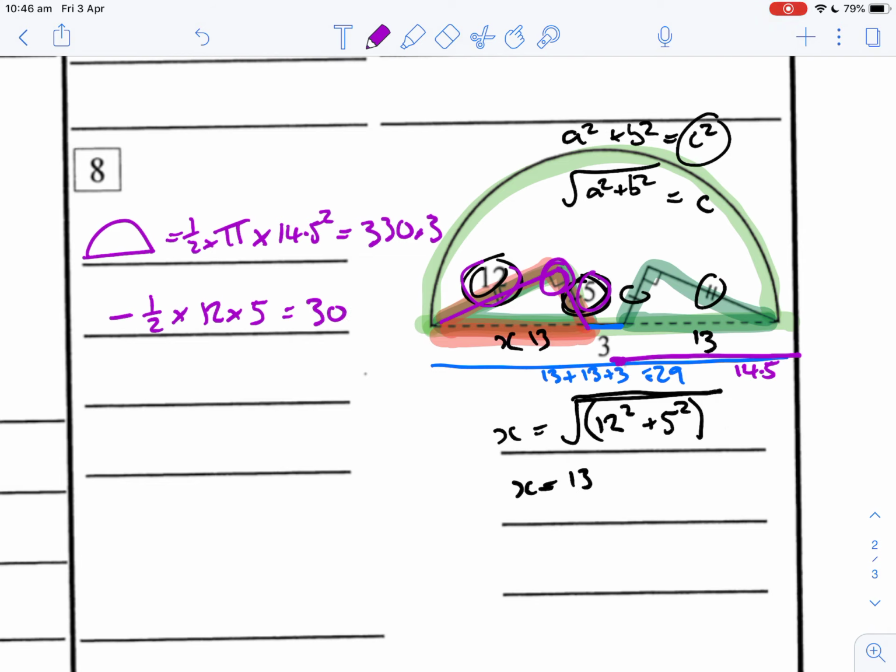They're 30 each. Now I've got 2 of those. So my final area would have been 330.3, take away 1 triangle, take away my second triangle, and there we go. So what have we got here? So that's going to give me 270.3.